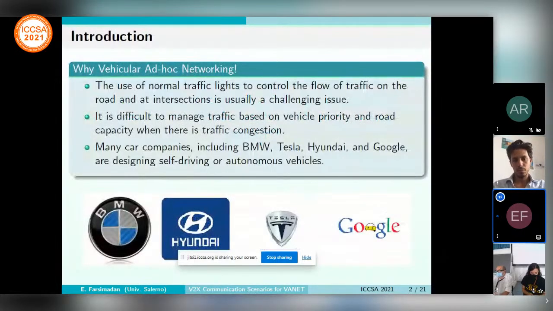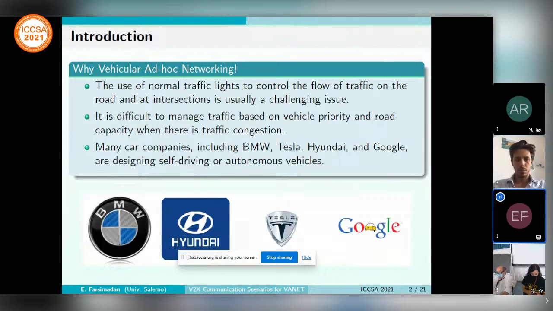First of all, I want to say some motivation about our work. Why vehicular ad hoc networking? The use of normal traffic lights to control the flow of traffic on the road and at intersections is usually a challenging issue.